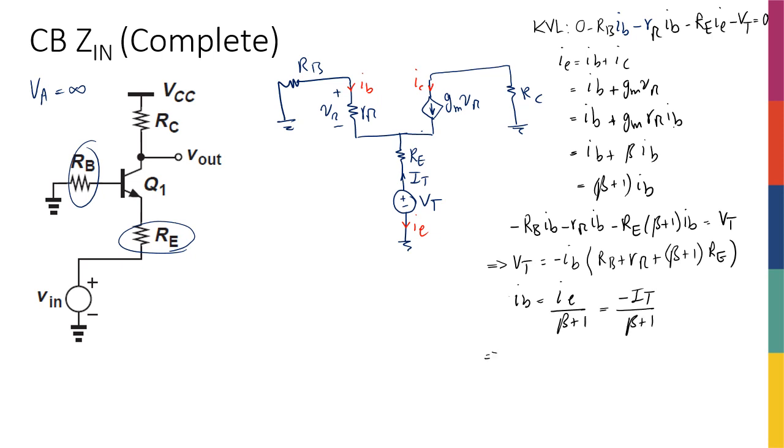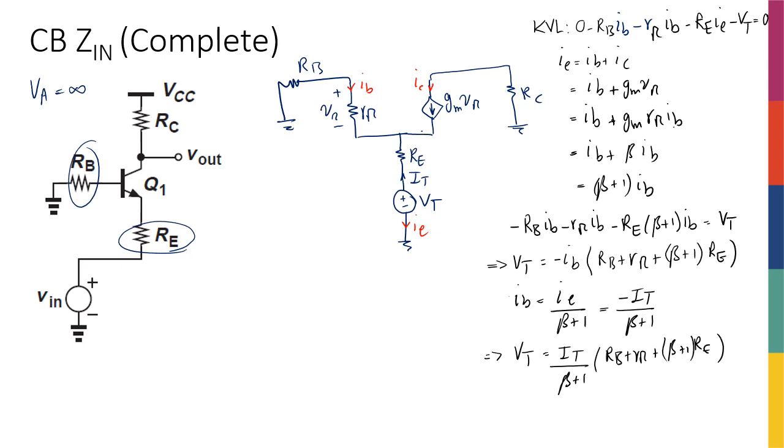And therefore, VT is going to be negative IB, which is negative IT over beta plus 1, so the two negatives cancel out. I'm going to get IT divided by beta plus 1 times RB plus R pi plus beta plus 1 RE.